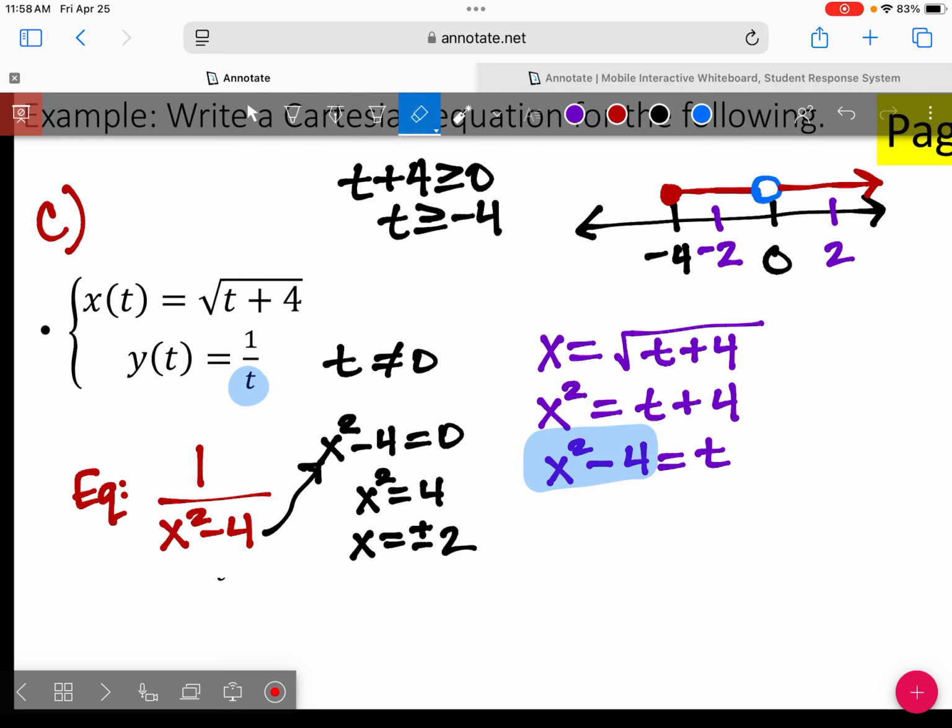So this domain has become pretty spicy. So let's go ahead. I'm going to rewrite that. So I know it can be -4, so that gets a closed circle. But it cannot be -2, it cannot be 0, and it cannot be +2. So now I need to write that in interval notation.